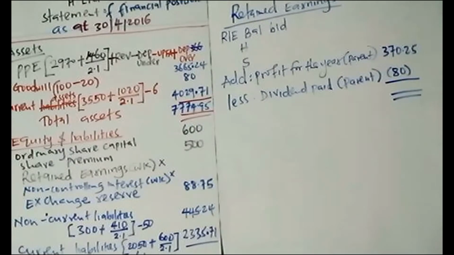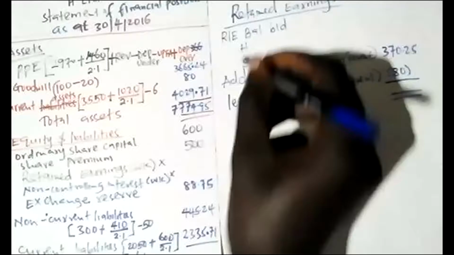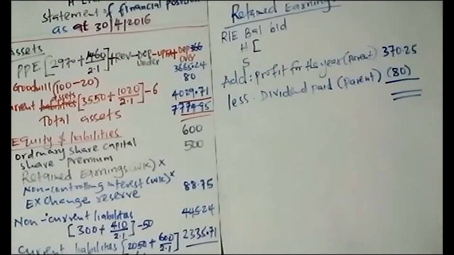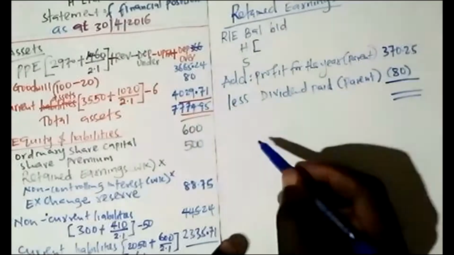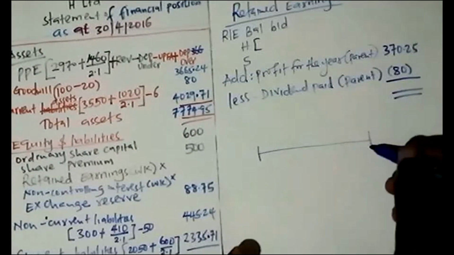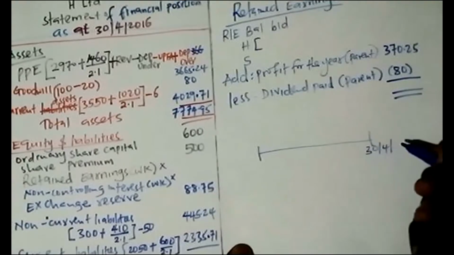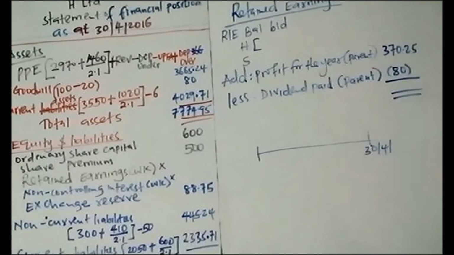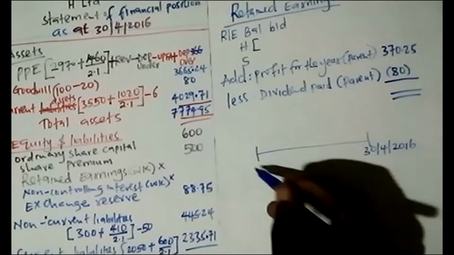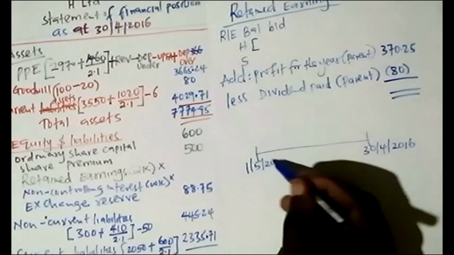So what about the balance brought down here? Remember, to get the balance brought down there, there are some items to adjust. Our financial year was ending 30th April 2016, so it was starting 1st May 2015.